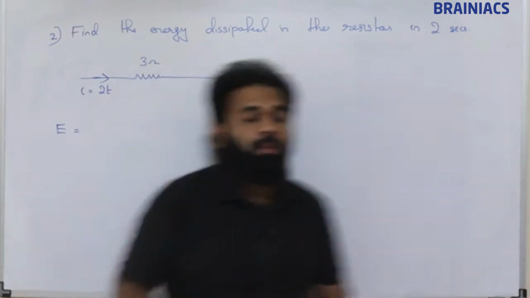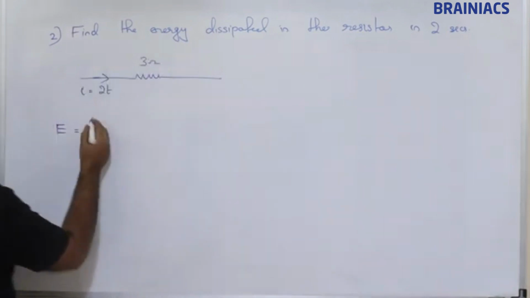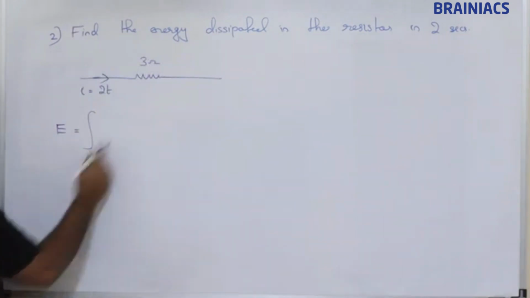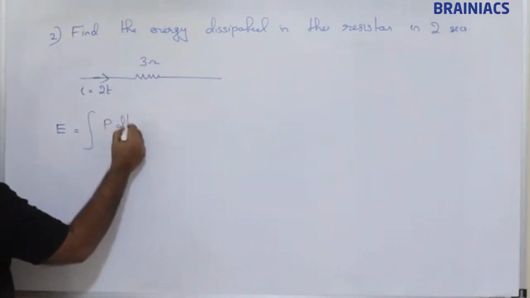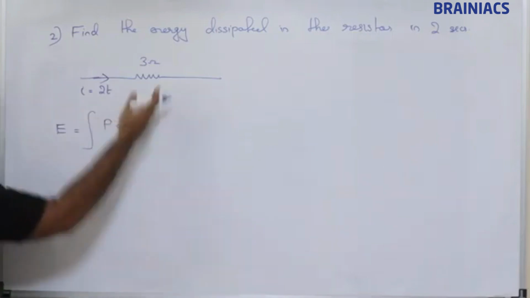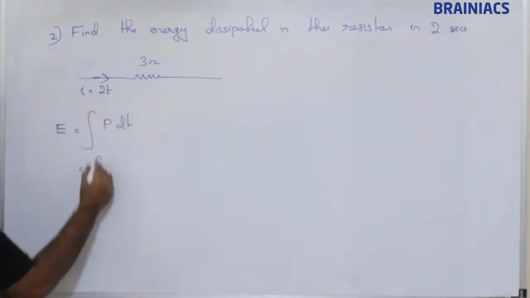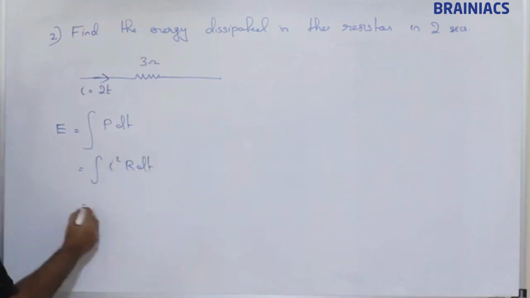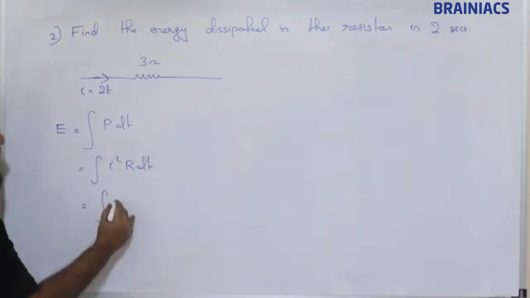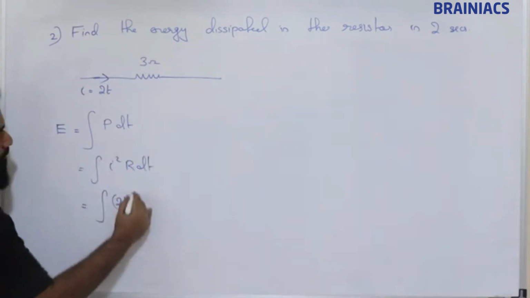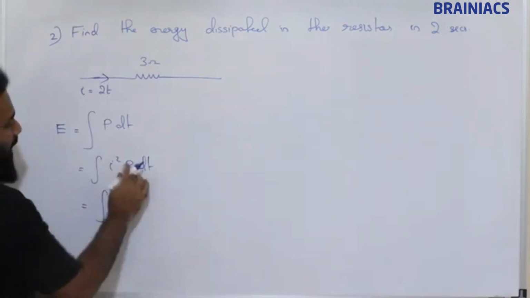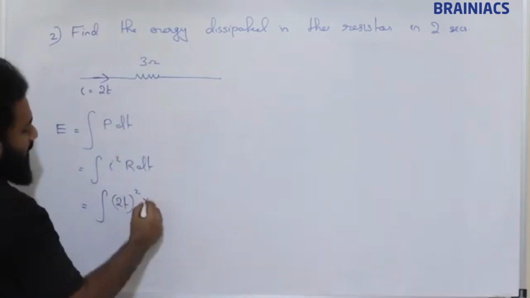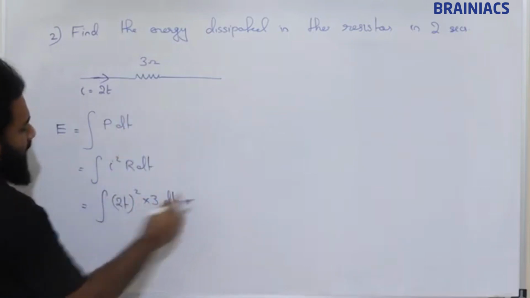Current is varying. So the real definition of energy is integral P dt. So integration of I square R dt. Here I is 2T, all squared, R is 3, dt.